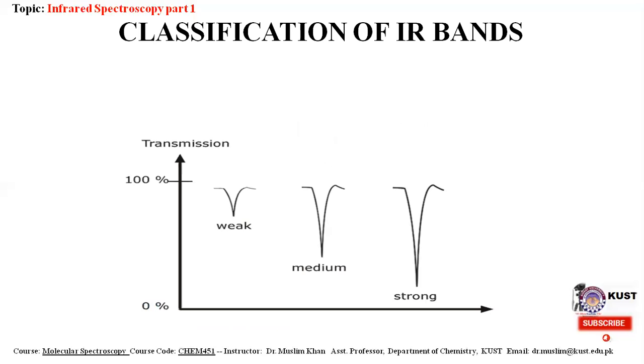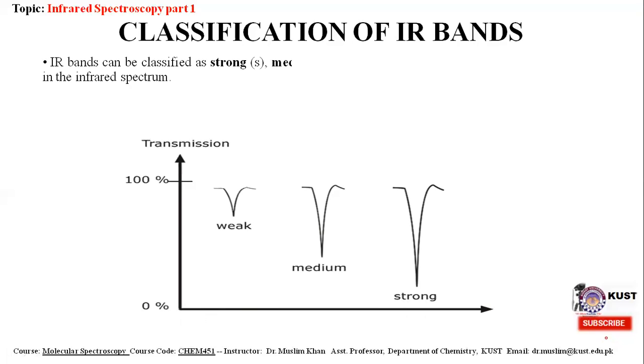There are different classifications of IR bands. For example, when the spectrum dips a little bit, that is a weak band, and this is a medium band which goes to about half of this one, and this is a very strong band, going almost to 0% transmittance, or 5-10% transmittance and 80% absorption.